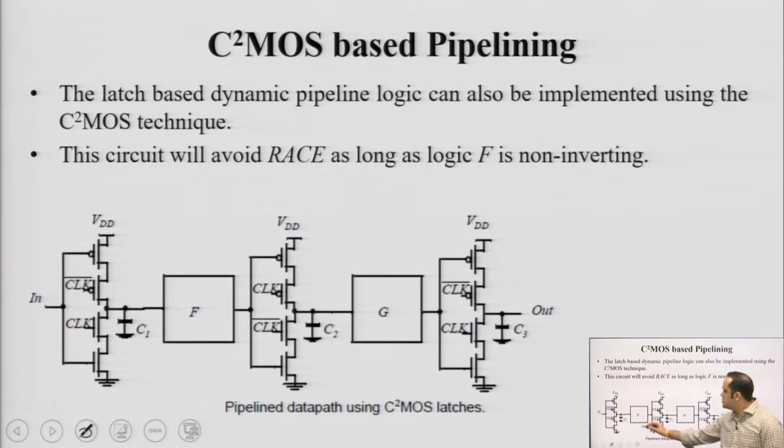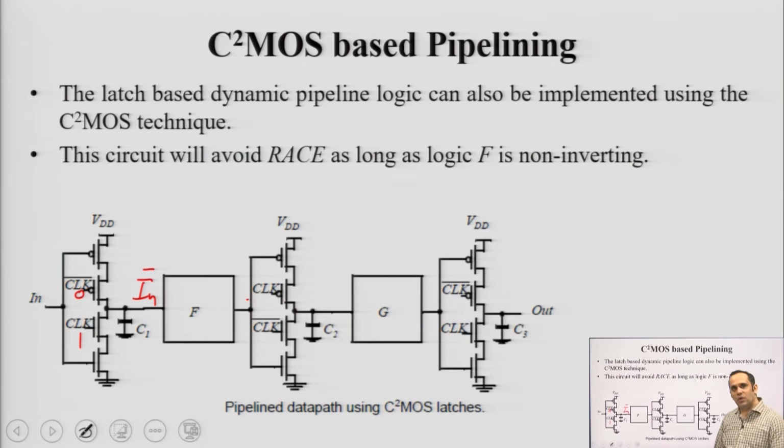So, you see here, if clock bar is 0, which means when clock is 1, clock bar is 0. Suppose clock bar is 0 and clock is 1. So, the inverted input is sampled here. So, in bar gets sampled here, there is some combinational logic here which gets calculated, the output reaches here.